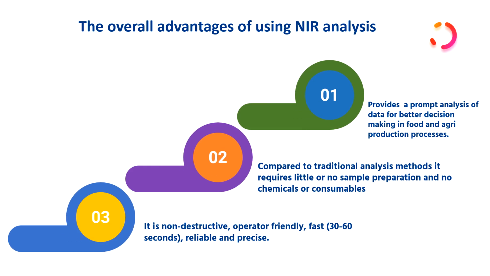It provides prompt analysis of data for better decision making in food and agricultural production processes. Compared to traditional analysis methods, this requires little or no sample preparation and no chemicals or consumables. It is non-destructive, operator-friendly, fast, reliable, and precise.